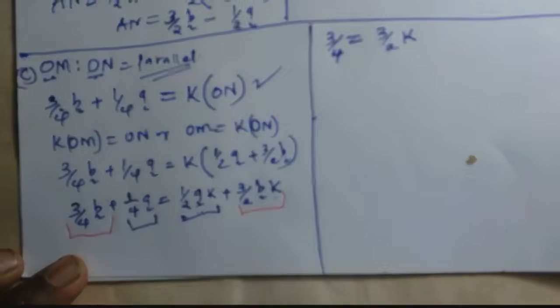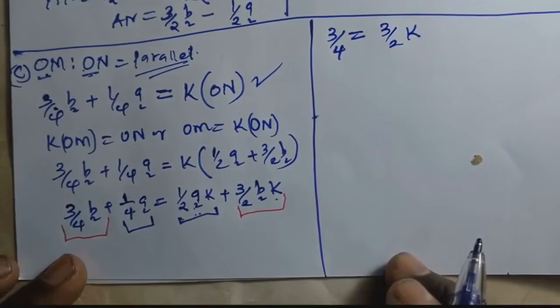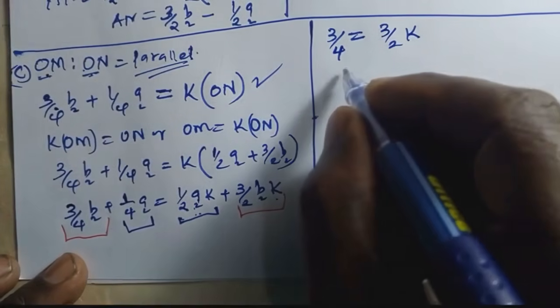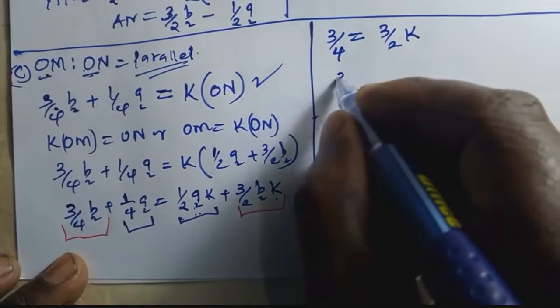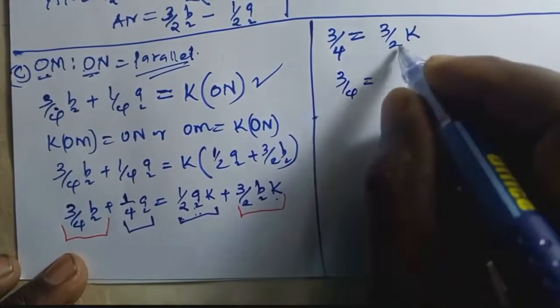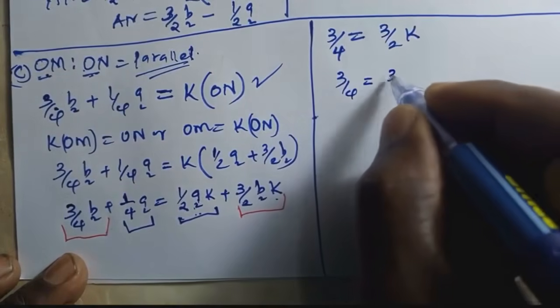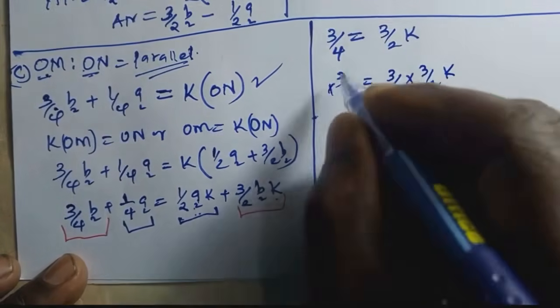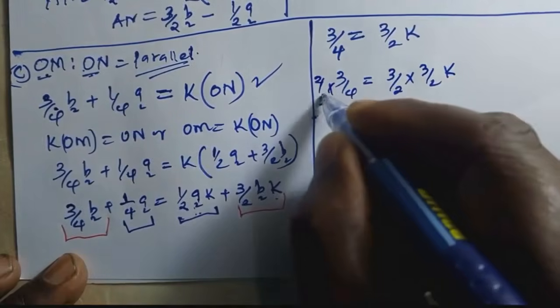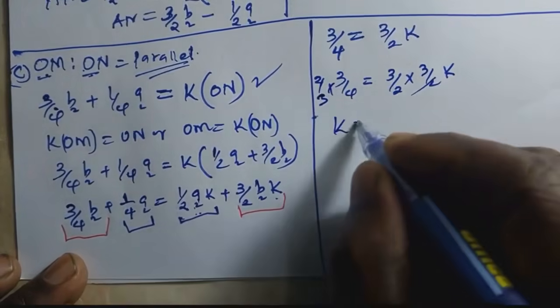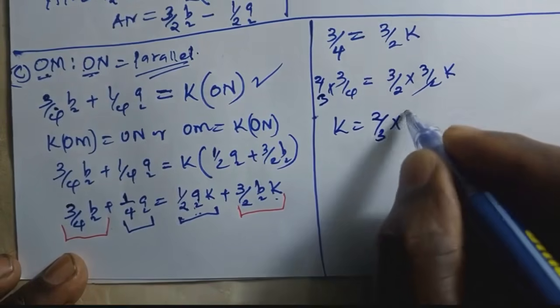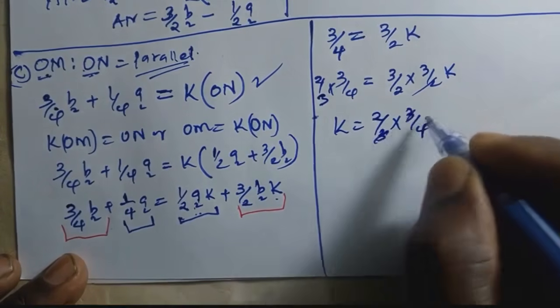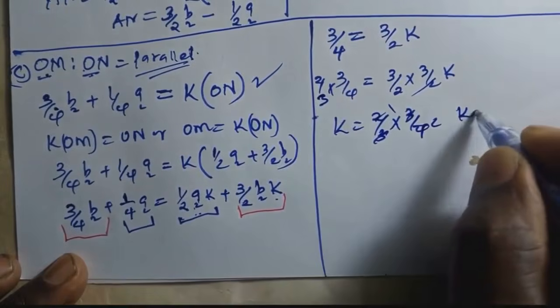Now that one is going to give us the value of k. So 3 over 4 is equal to 3 over 2 k, times the reciprocal 2 over 3. So k is equal to 2 over 3 times 3 over 4. So k is equal to a half.